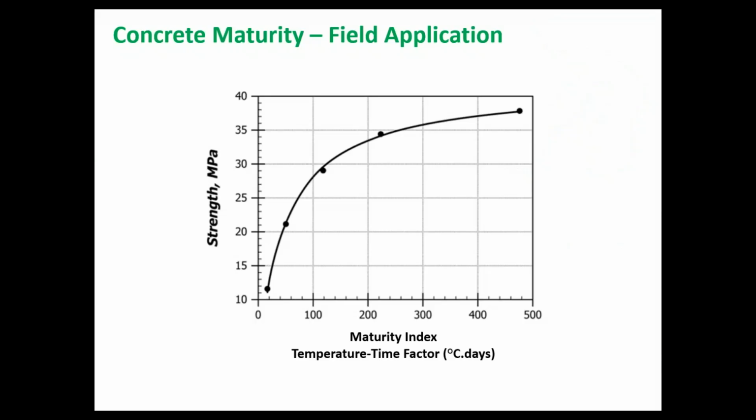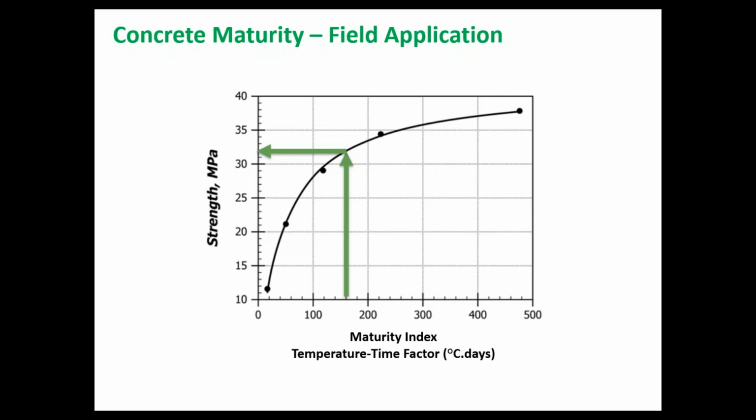Then you have your calibration equation or your curve. In the past, people would print this curve and go to the field, record concrete temperature, and based on that, at any point in time, you can calculate the maturity index of the concrete in the field.